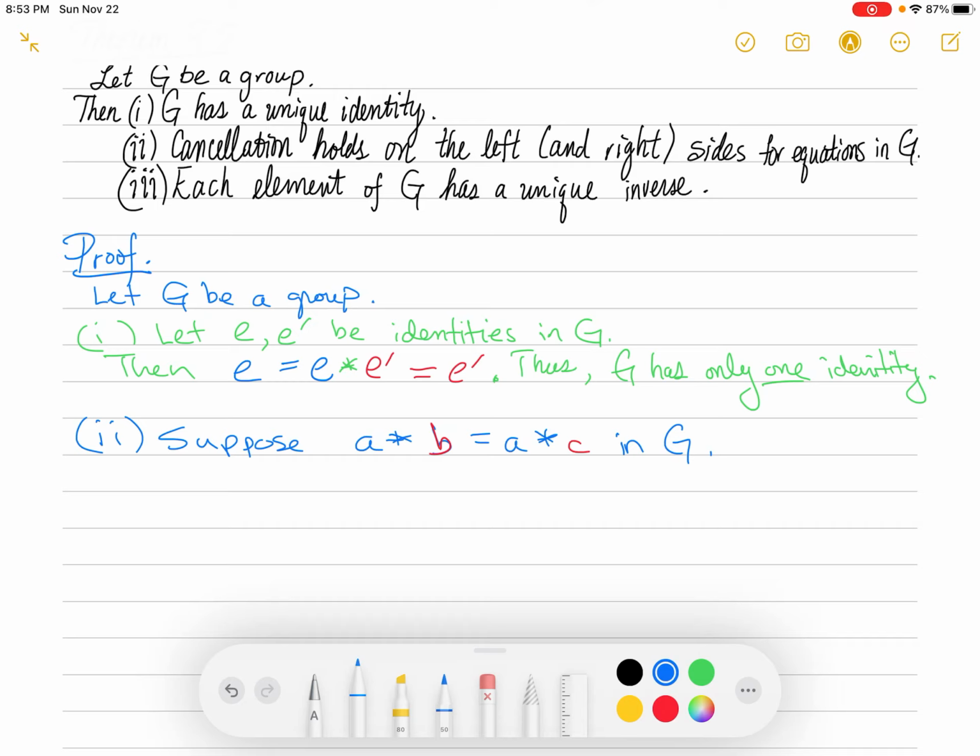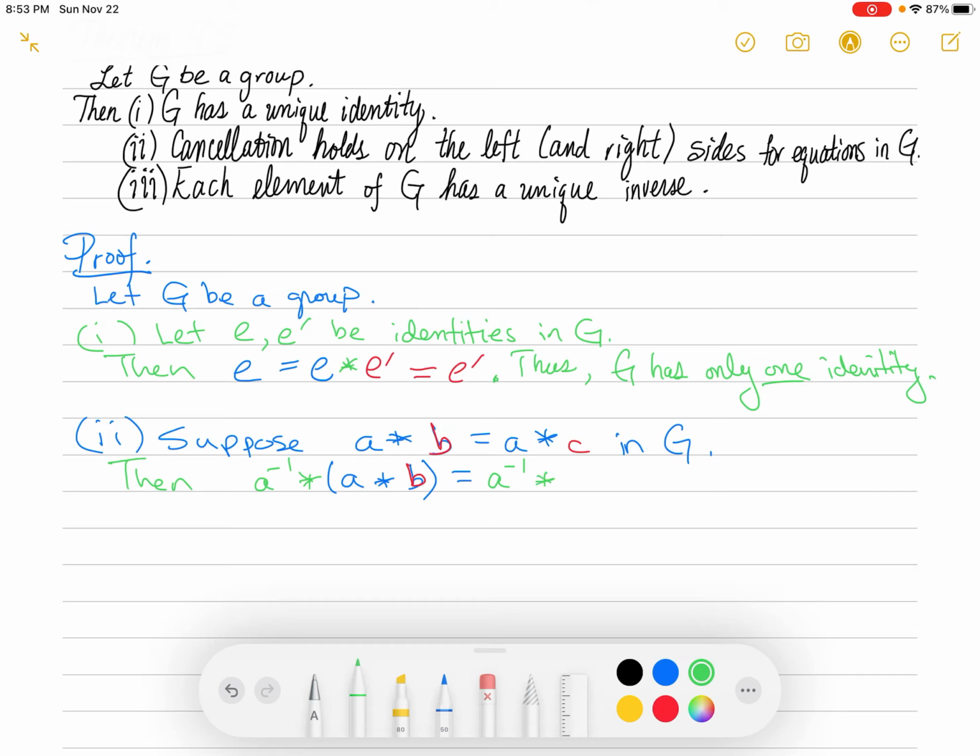We know every element has an inverse in a group, so we're going to star on the left side of the equation by A inverse. So I'm going to do A inverse star on each side, on the left. What I do on the left side here, I have to do on the left here.